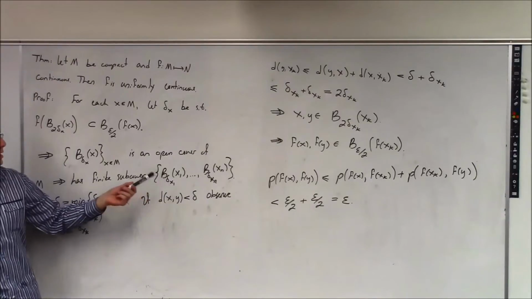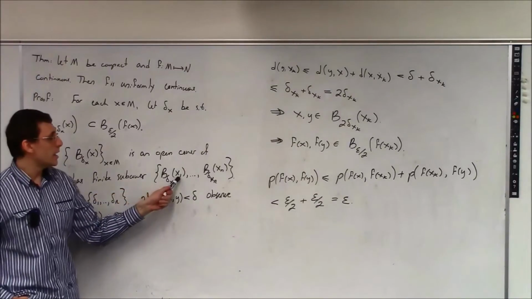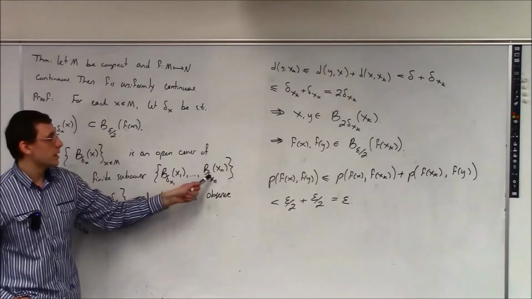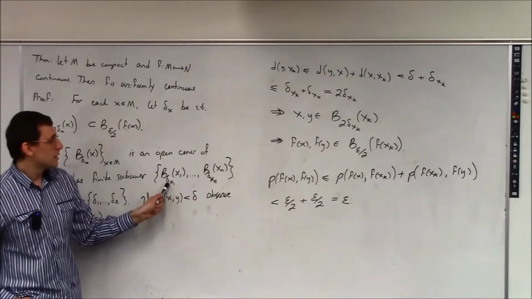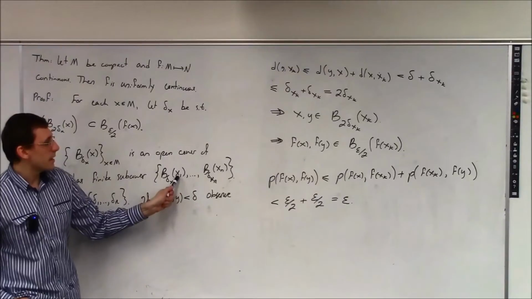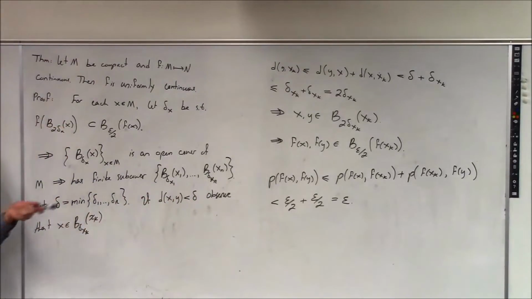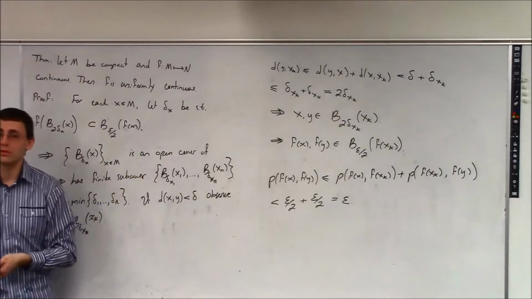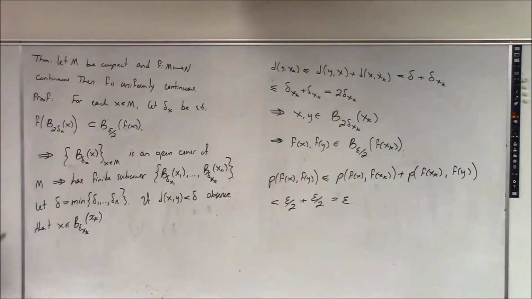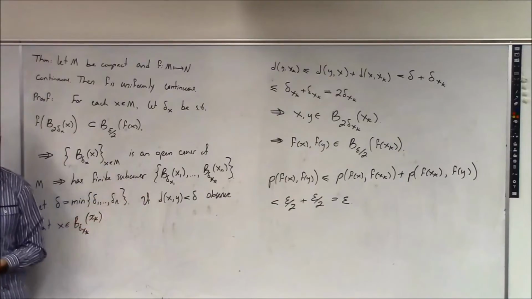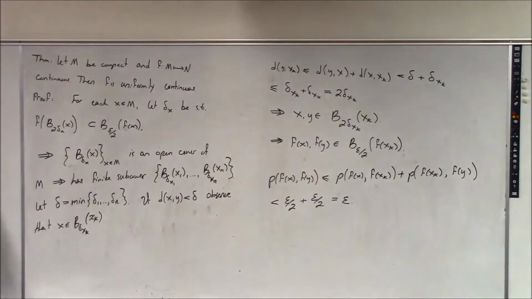So in a sense, any x is going to be within some delta xk away from one of those points. And then if I shrink y close to x, I will force uniform continuity. If I don't have this finite subcover, then taking the minimum delta might be impossible. Minimum delta might be 0. Okay, that's what this does. So it's at this step where I need compactness. So that gives you a very strong condition.